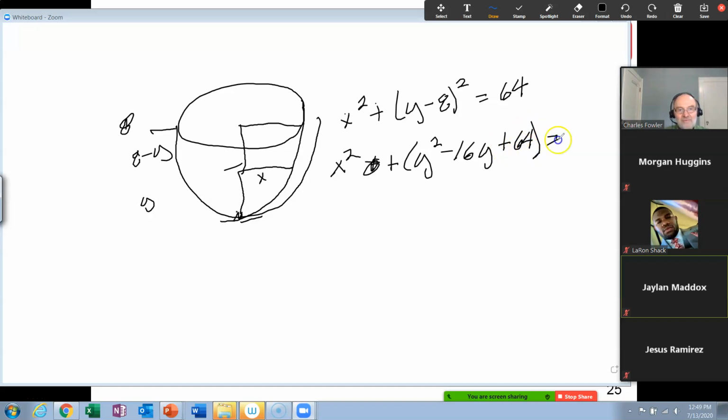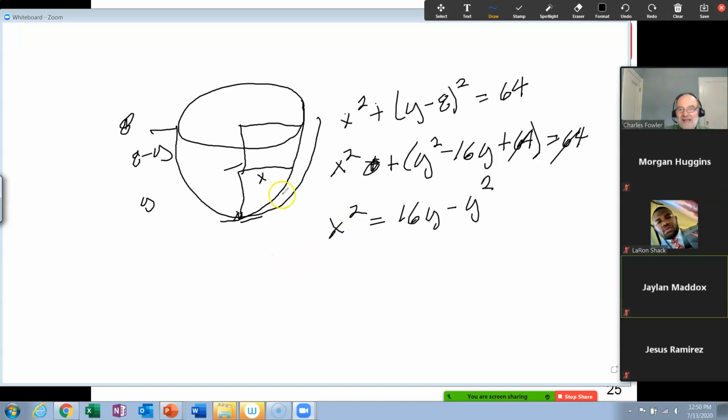And that's equal to 64, 8 squared. When you subtract this from both sides, that gives you x squared is equal to the 64 subtracted away, and then you wind up with 16y minus y squared. That's where they get the x squared is equal to that.